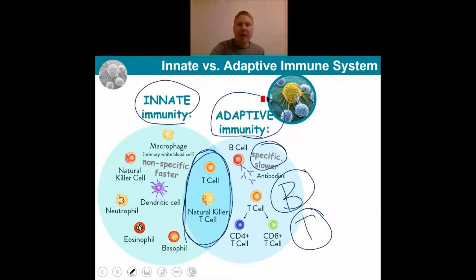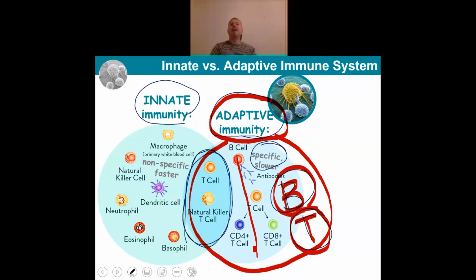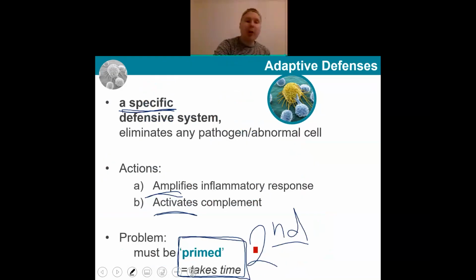So we're going to be focusing on this branch now. And you'll notice if we look at these different kinds of cells that we have there, it is mainly the B and the T cells, and how these B and T cells then further get processed into special kinds of cells that work in the adaptive immunity.